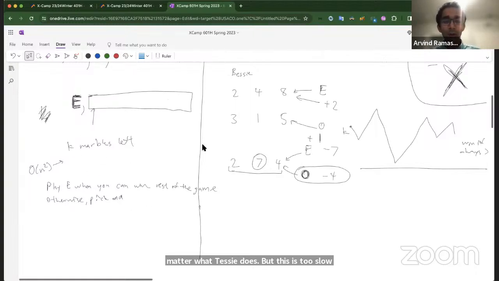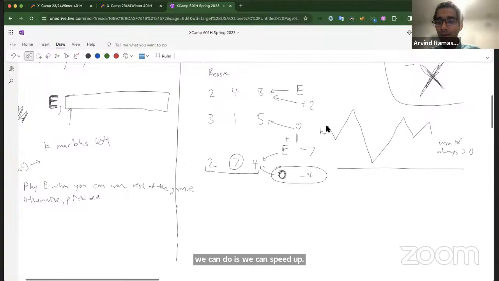But what we can do is speed up checking if we can win the game with K marbles. Essentially, we want to find the minimum prefix sum. So first you might have a loss of 4, then a gain of 10, and then -20 or something.